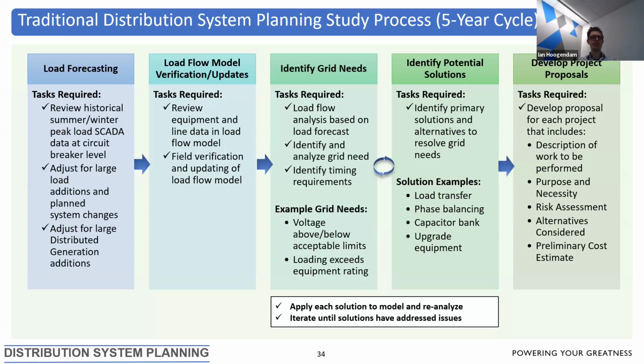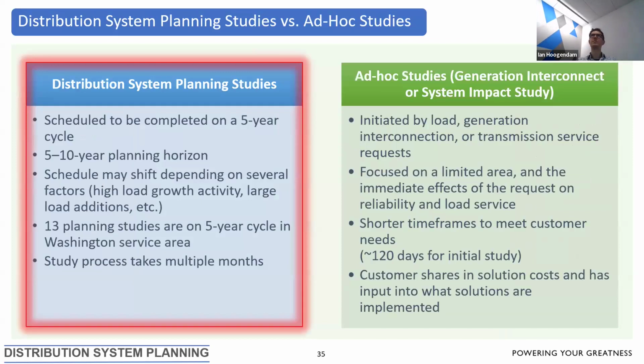Next slide, please. Pacific Power has 13 designated study areas in Washington that are on a 5-year cycle. In the past, these studies have typically taken roughly 2 to 3 months to complete.